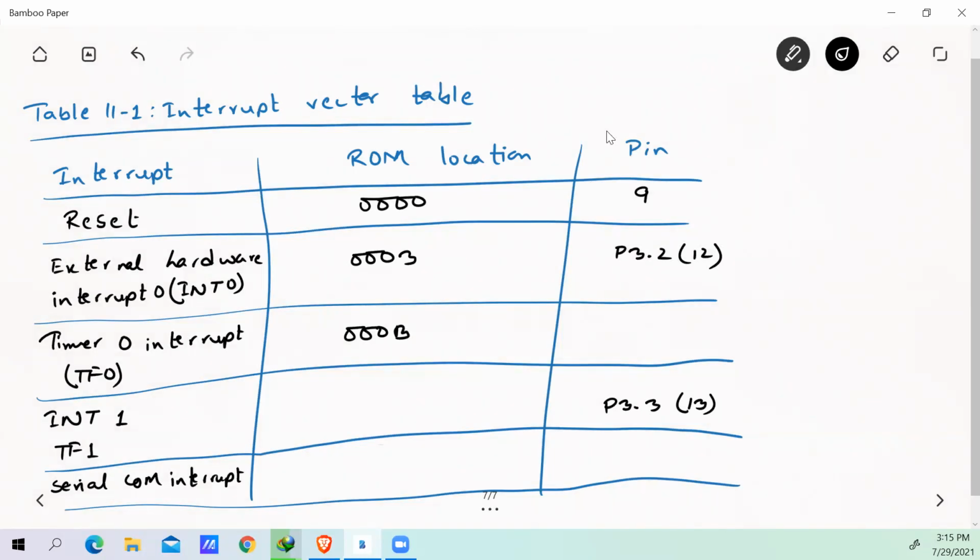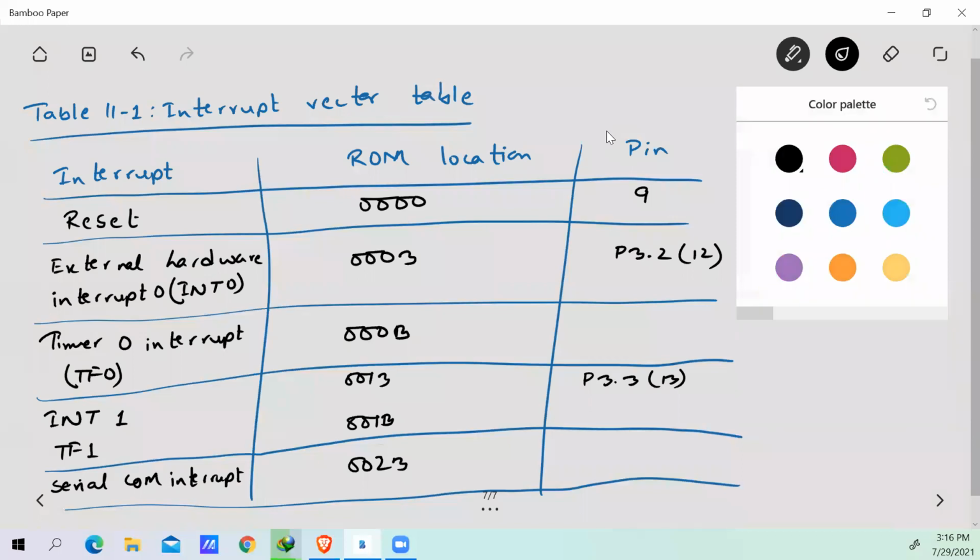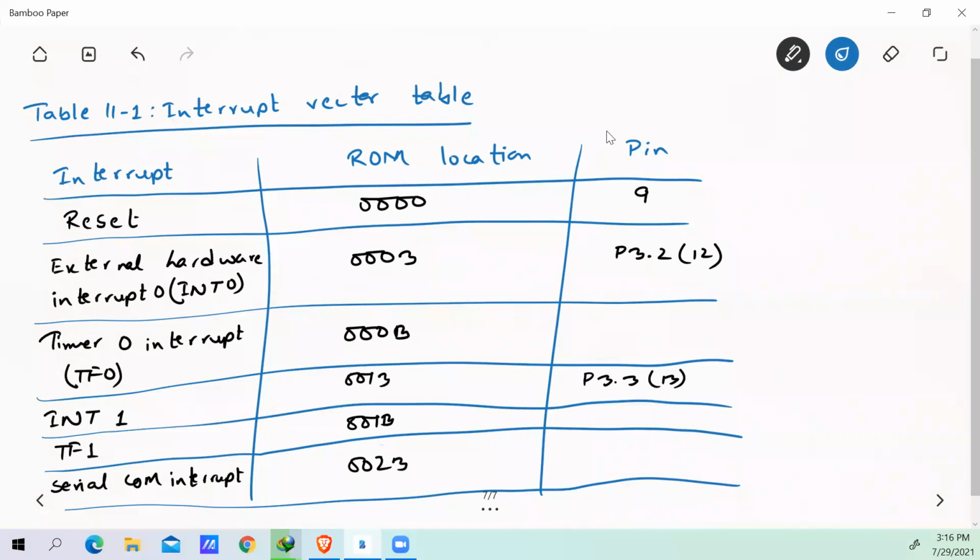After B, we have 13. Yes. So we have got a total of 6 interrupts in 8051: 1, 2, 3, 4, 5, and 6.